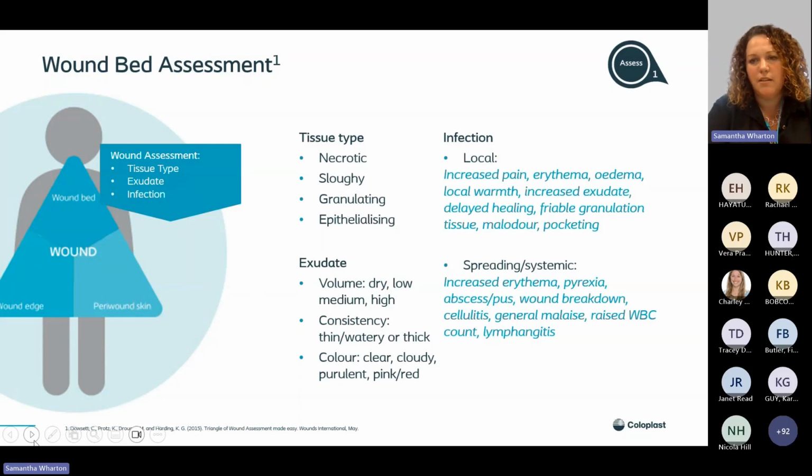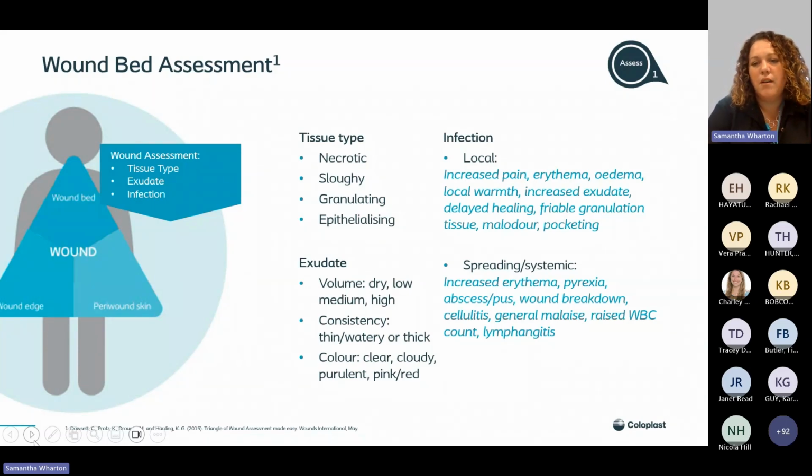That shows that there's a bacterial burden within that wound. It's not healthy pink granulation tissue. Smell tells you a lot, like we've said, and pocketing. So areas of the wound may start to deteriorate. And then you have those signs of spreading and systemic infection. So you have that increased erythema. The patient may start getting pyrexia.